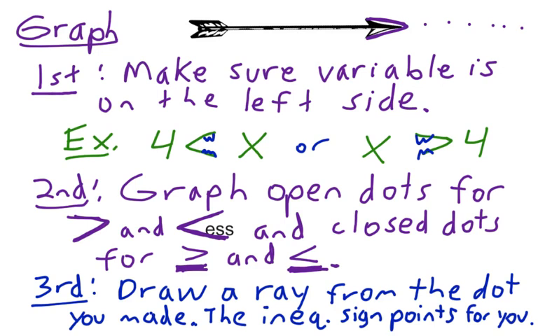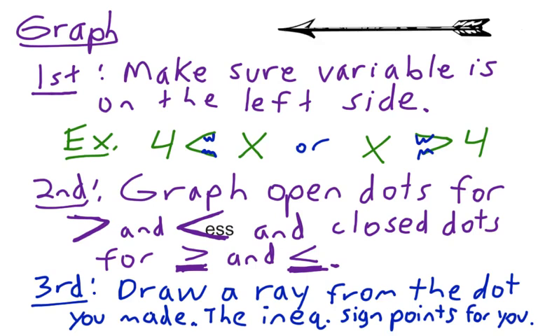That means you would draw a ray going like that. If the arrow looked like this, that's part of your arrow. It's pointing which direction? That's right, it's going to the left. So that means next to our dot, open dot or closed dot, we would have an arrow going to the left.